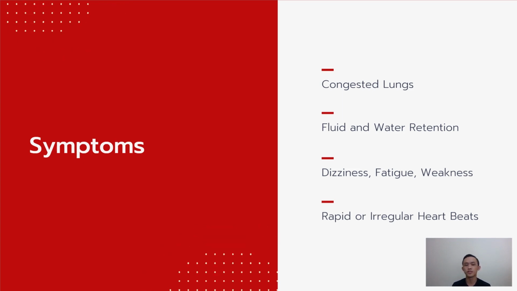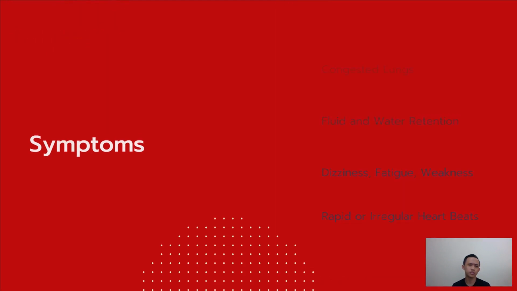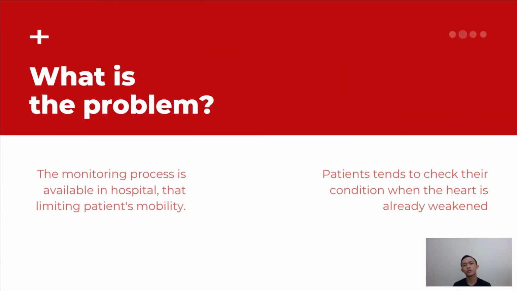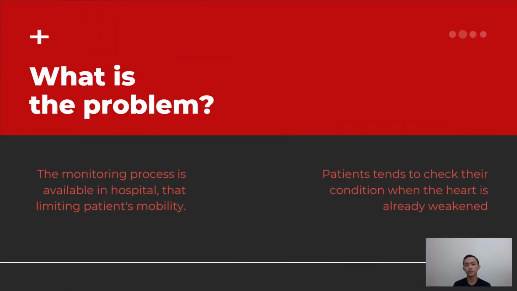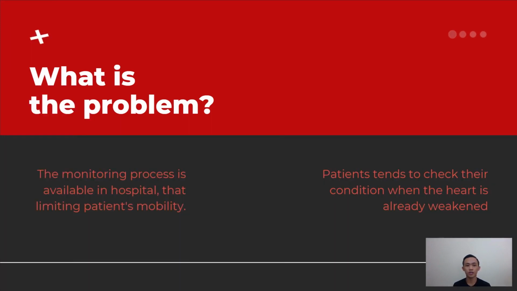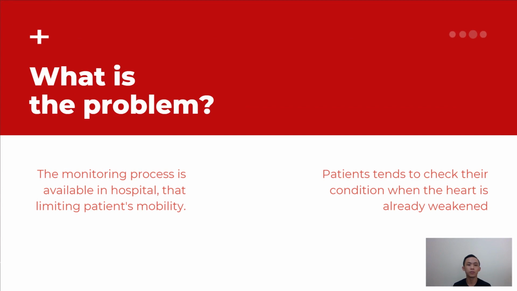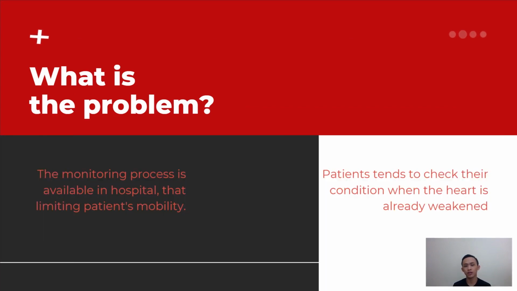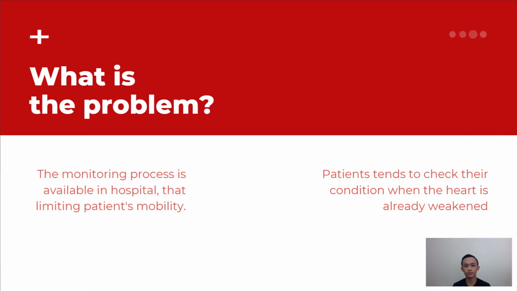Now, if this is a terminal illness and it most likely cannot be cured, so what is the problem? Since it cannot be cured, you have to monitor the progress of the patient time by time. Now, the monitoring process is available in hospital, limiting patients' mobility.